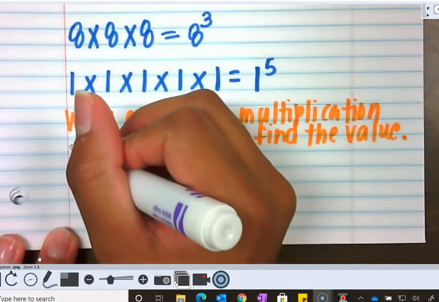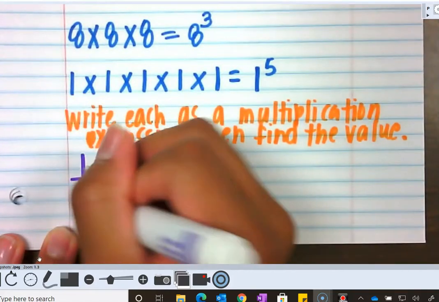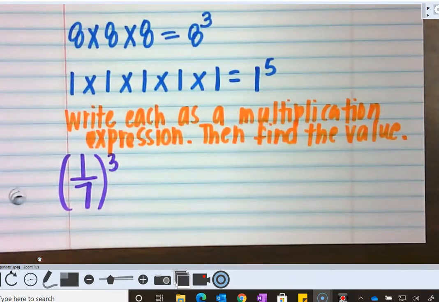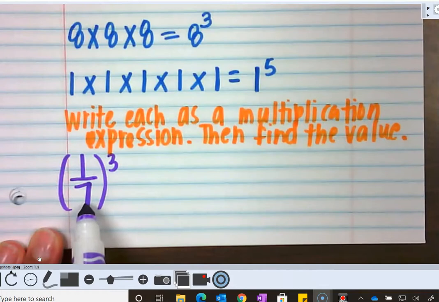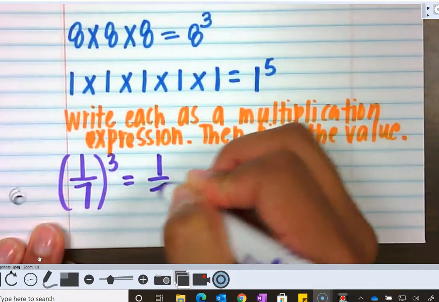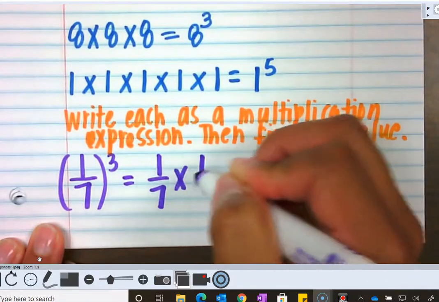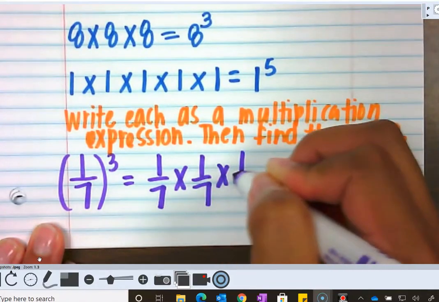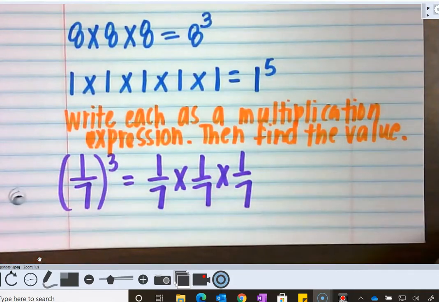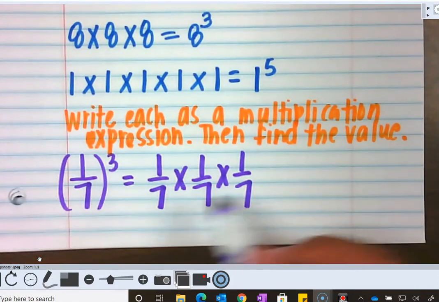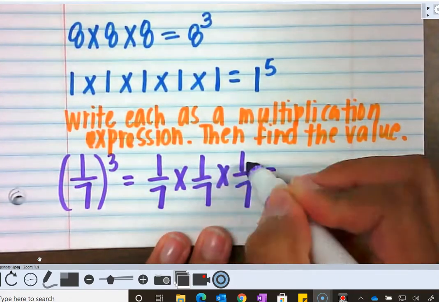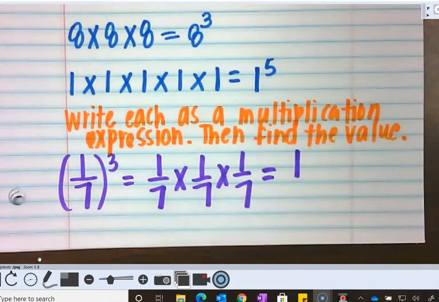What if I have 1/7 to the third power? Well, my factor, my base is 1/7. So I'm going to be multiplying 1/7 times 1/7 times 1/7 3 times. So now this is just multiplication. I can do my multiplication. 1 times 1 times 1 is 1.